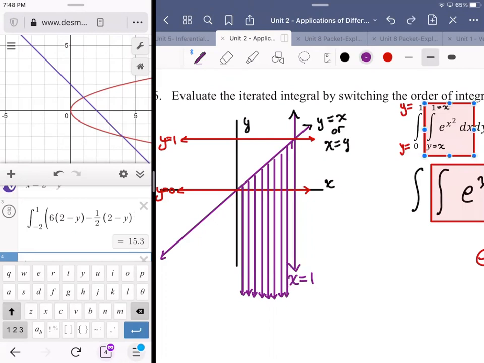Slanted on me. I guess that's fine. Then I'm going from 0 to 1. So starting off with these horizontal lines, the horizontal line is 0, I'm going upward from there.